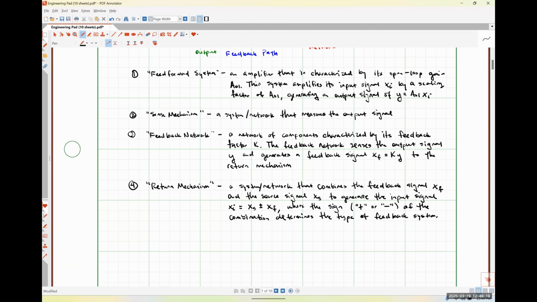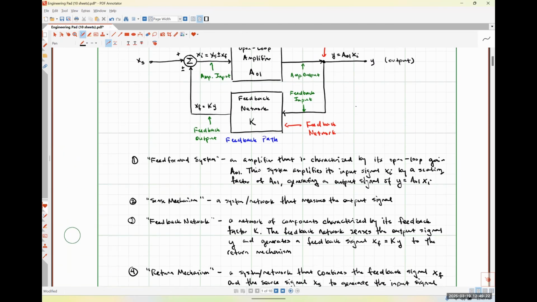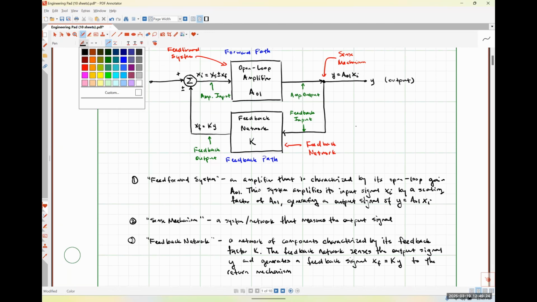Let me just put a label on this guy right here. So this is our return mechanism.